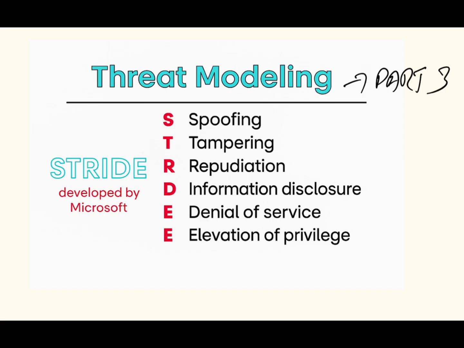Threat modeling is eventually to understand threats to that particular system or scenario, and then how we can prevent them. That is the ultimate goal of threat modeling. In upcoming videos, we will also discuss other threat modeling techniques like PASTA, but in this session we are mainly focusing on STRIDE, developed by Microsoft.